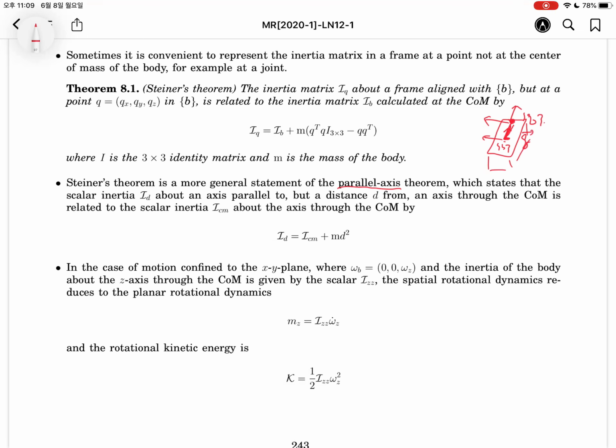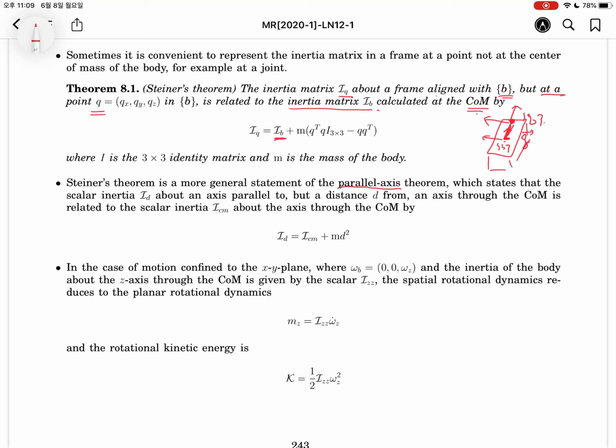So the inertial matrix IQ about the frame aligned with the B, there is no rotation between B and Q at a point Q, but some displacement appears as a Q, related to the inertial matrix IB calculated at the center of mass.